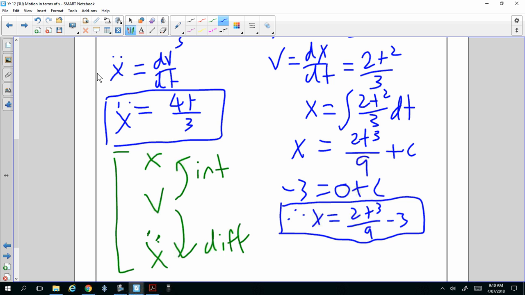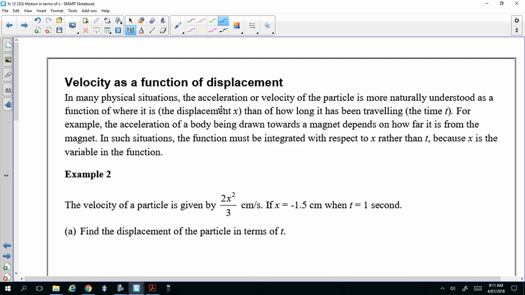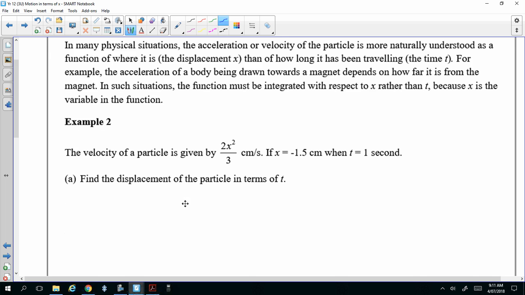So it's pretty easy. So next page, we're now going to look at velocity as a function of x, displacement, instead of t. In this example, we have v in terms of x instead of time.